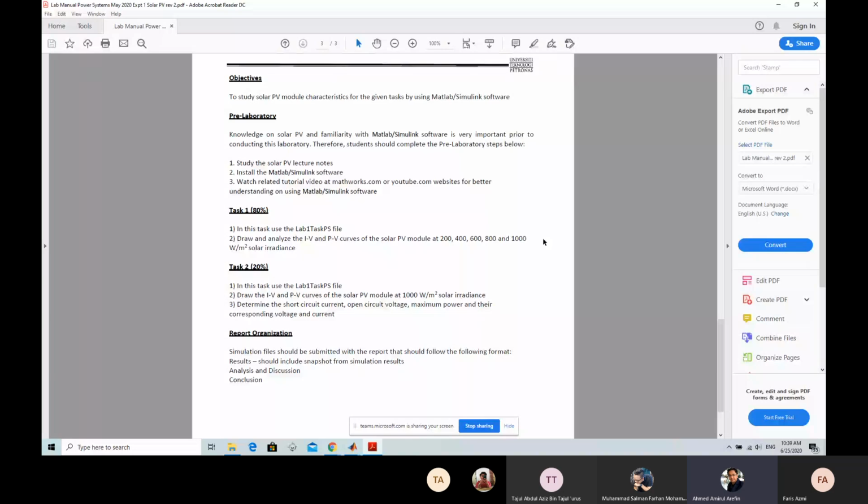So if you say that V equals IR, then it will be I squared R for P. Once you have the largest value of resistance, you will get the maximum power from the equation.